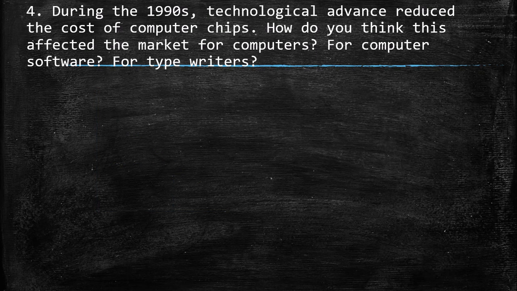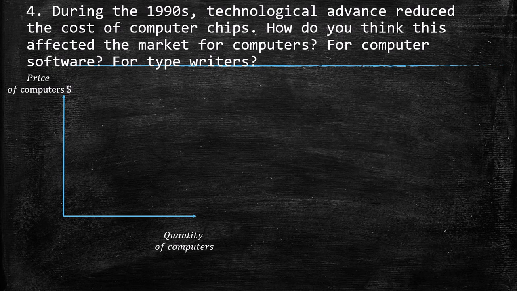So during the 1990s, technological advance reduced the cost of computer chips. How do you think this affected the market for computers, for computer software, and for typewriters? So here first we have the first market, which is the computers. Here it depends how you think about the problem. So here we have the initial case.